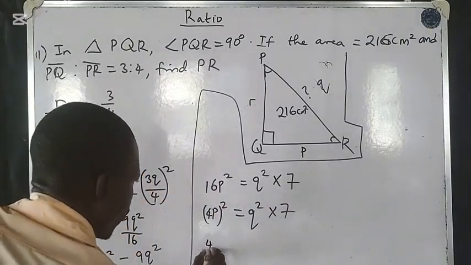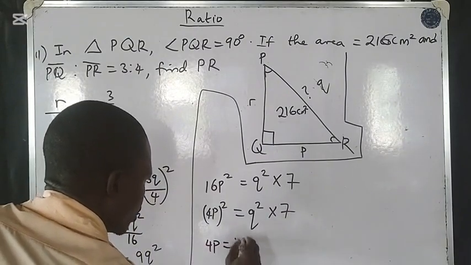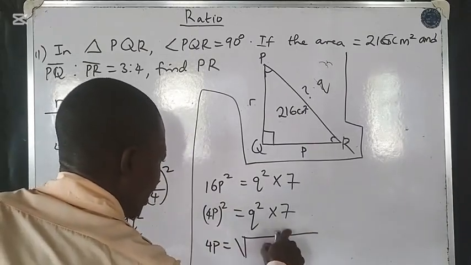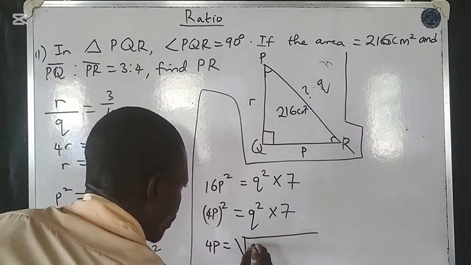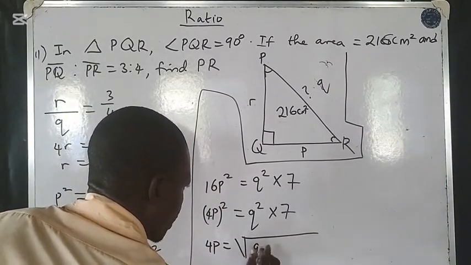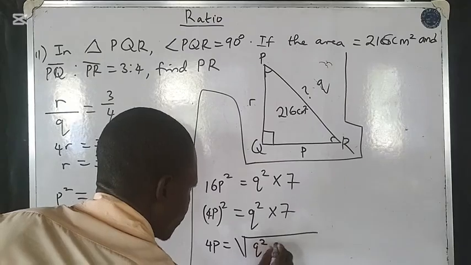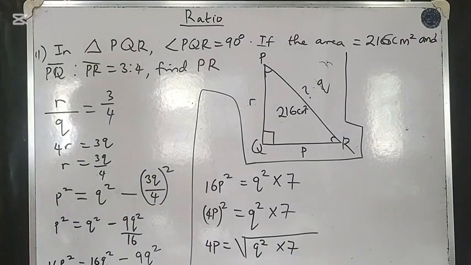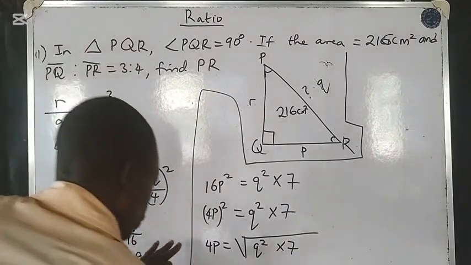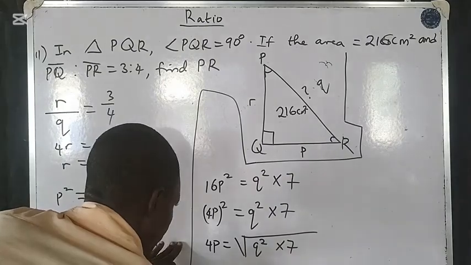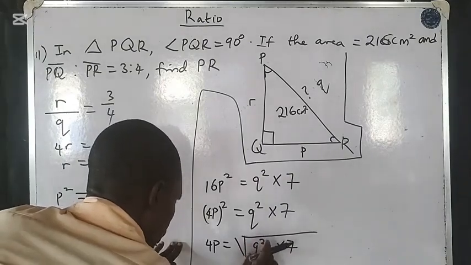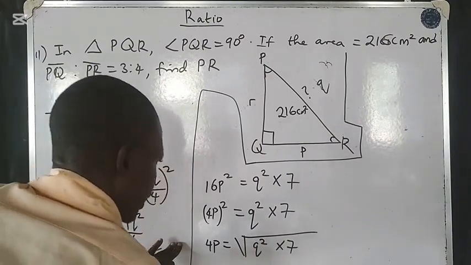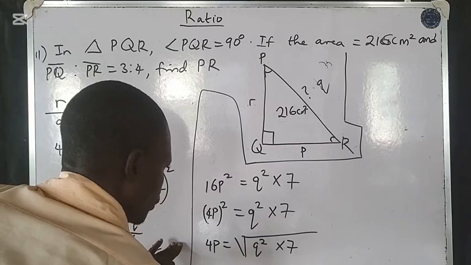So we have 4p equals the square root of q squared times 7. If you find the square root of q squared, it will give you q.